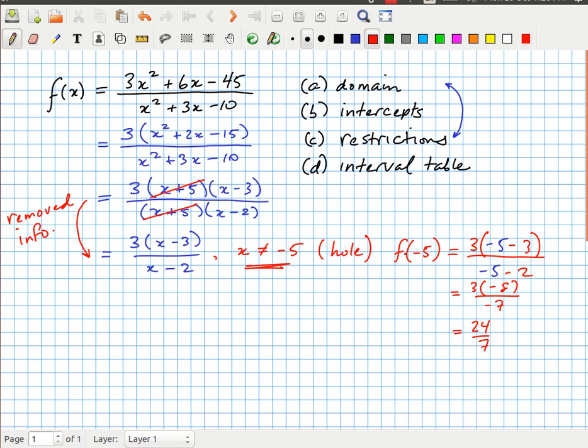So that means our hole location is at the coordinates negative 5, 24 over 7.